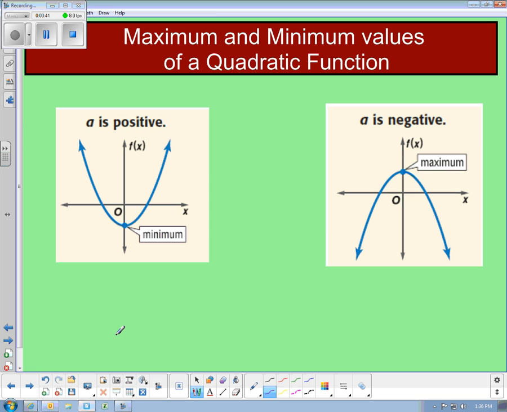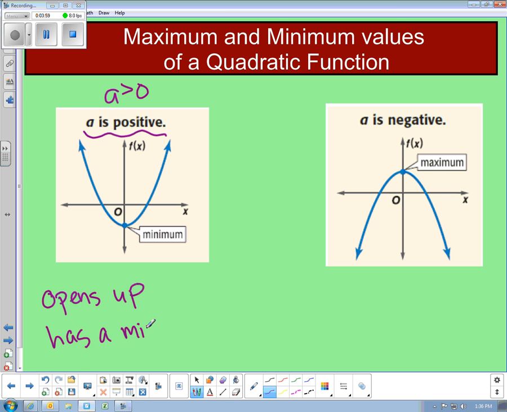If we have a quadratic function that opens up, this is where we have an a value that is positive, and it has a minimum value. When a is negative, or less than 0, the parabola opens down and has a maximum value.